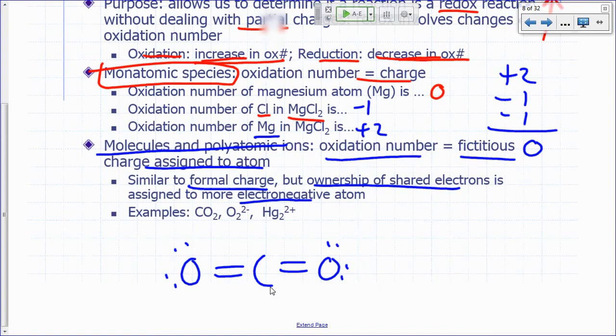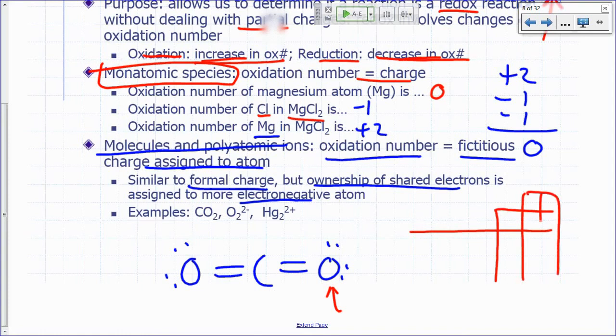If you recall, how many valence electrons does an oxygen atom have if it were by itself? Where would you find oxygen in your periodic table? Group 6, right?